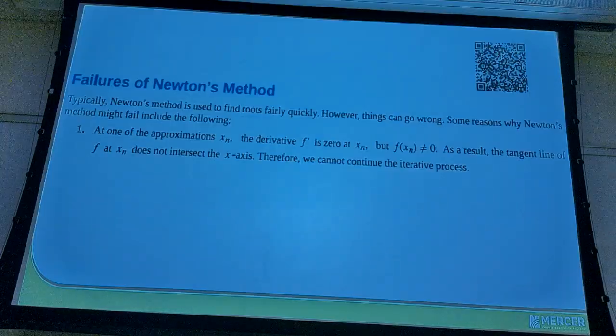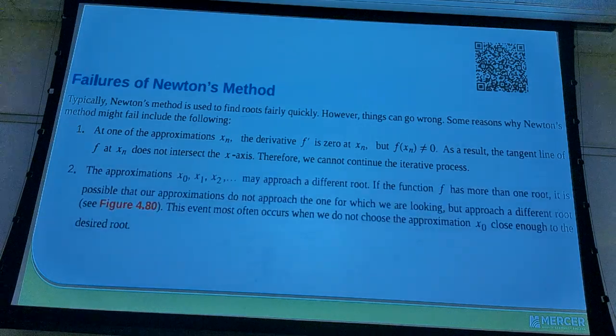That's a problem. If you pick your initial guess poorly, it may go to the wrong root, a root that you're not looking for. So you kind of need to have an idea of what the root is to make a good guess to begin with, so that is an issue.